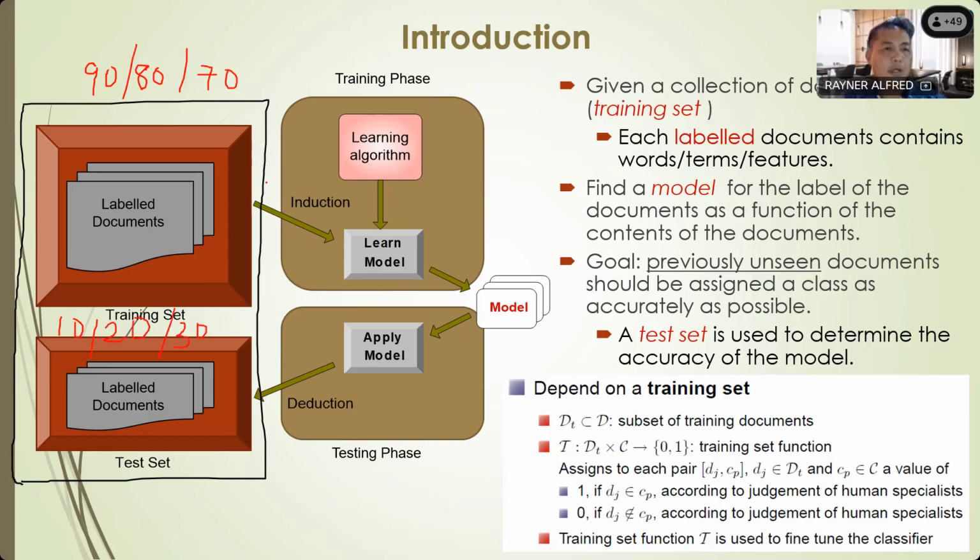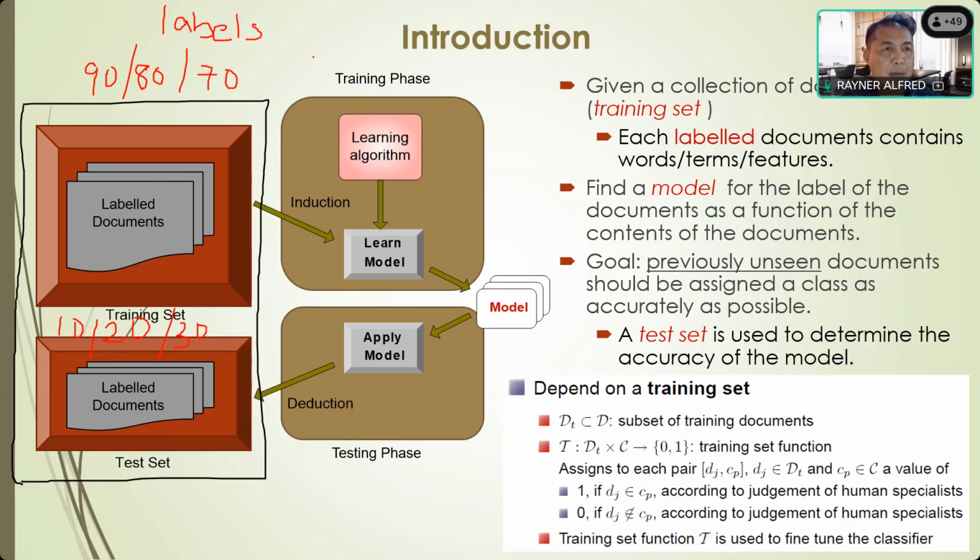Okay, so each data set that you have will behave differently depending on the type of document that you have. You may have a short article or long article or only the title. Once you have divided them into two, bear in mind that for each of these documents you have labels.